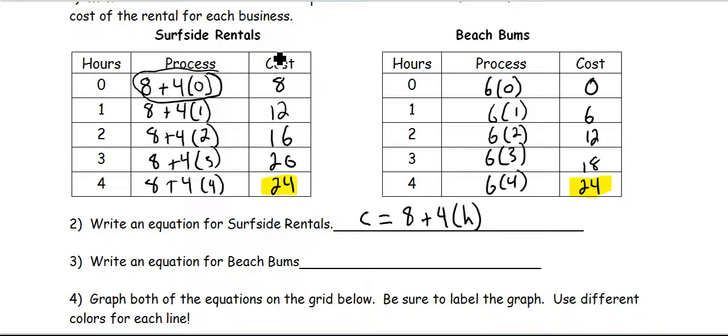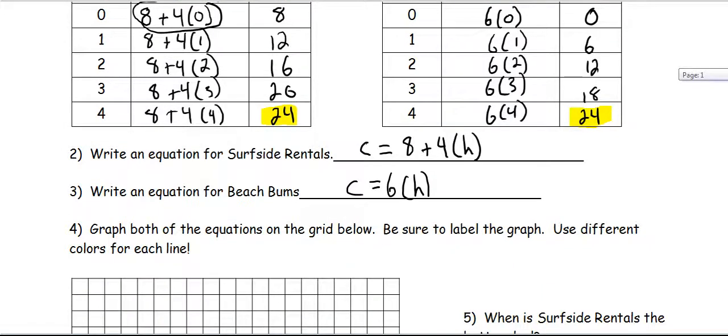So we have the cost, C, and hours. The equation for Beach Bums would be the cost equals 6 times the number of hours. And this should all be review for you.